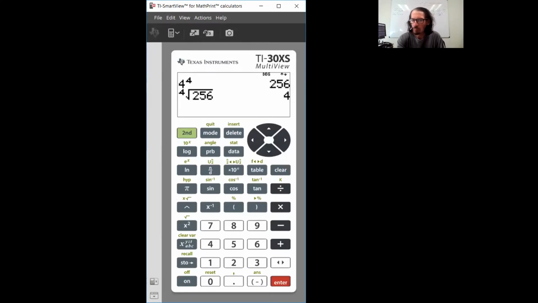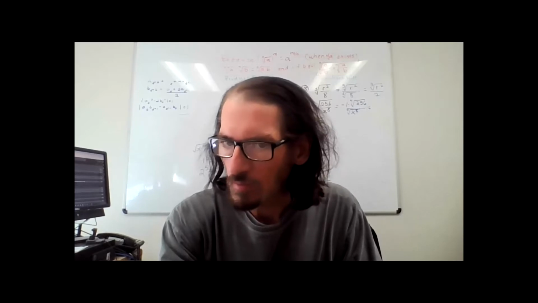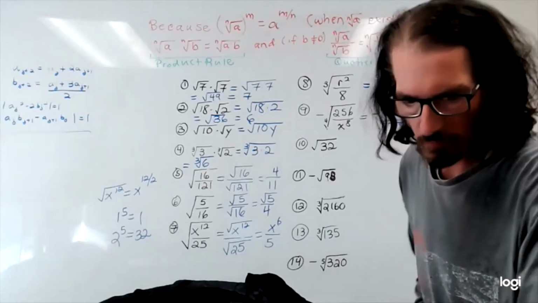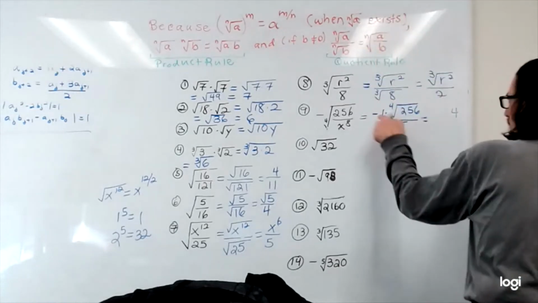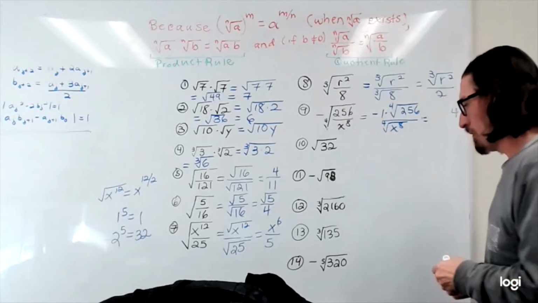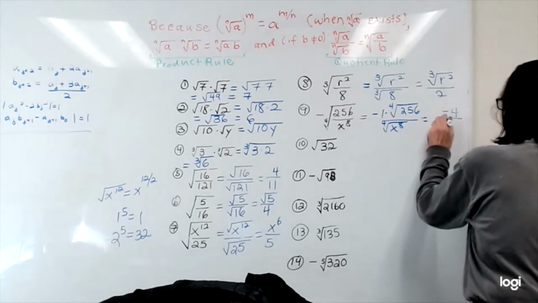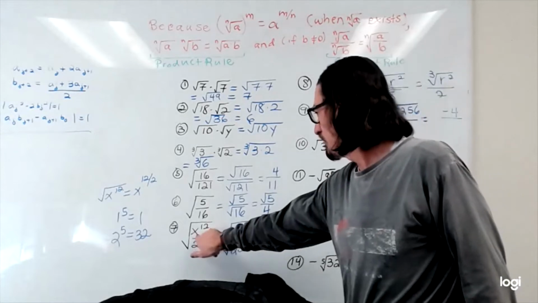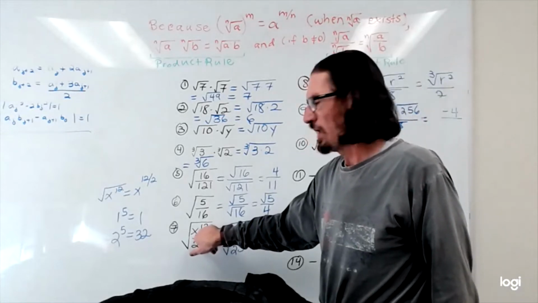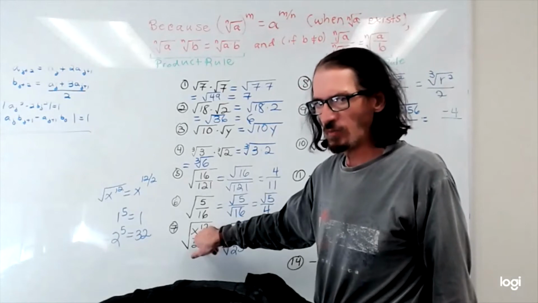All right, so let's use that and continue simplifying. Fourth root of 256 is 4, and we had that negative tagging along out in front. Furthermore, just like on this one, we had x to the 12th under a square root.